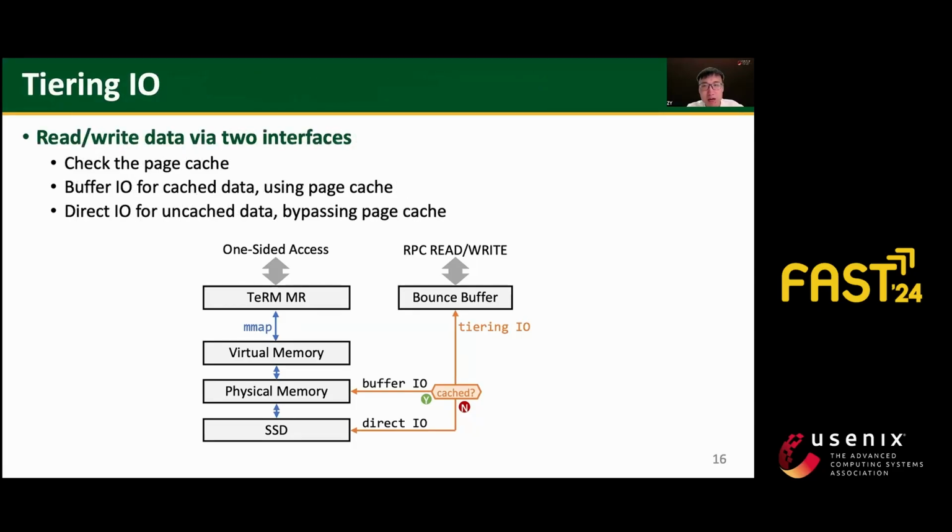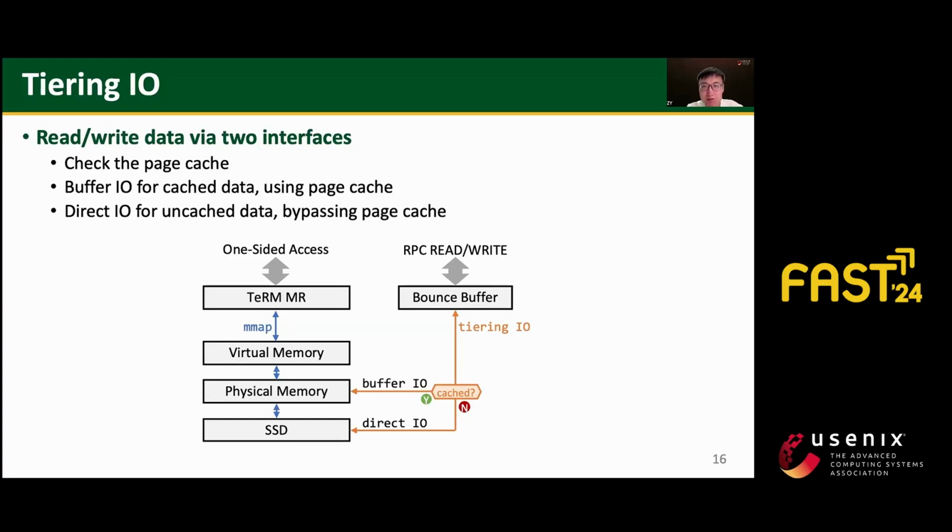We propose TeRM I/O to read and write the SSD. It is well known that Linux supports two types of I/O, buffer I/O and direct I/O. Buffer I/O uses page cache, and direct I/O bypasses the page cache.